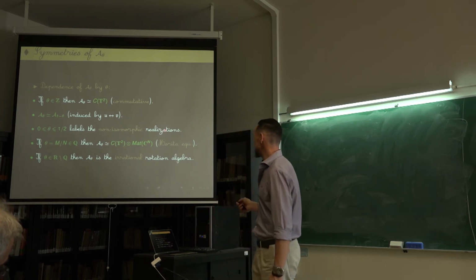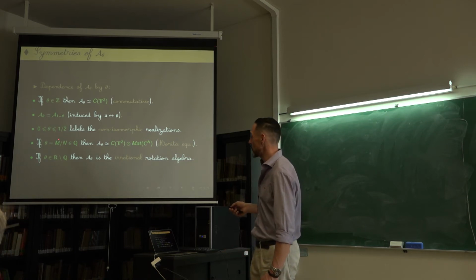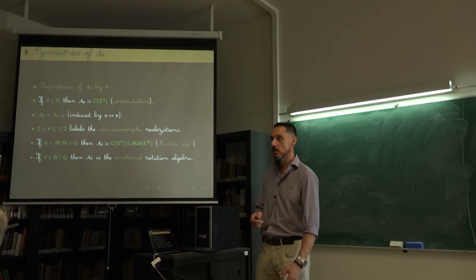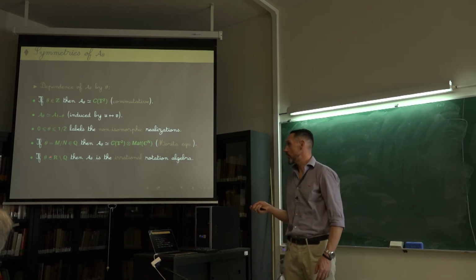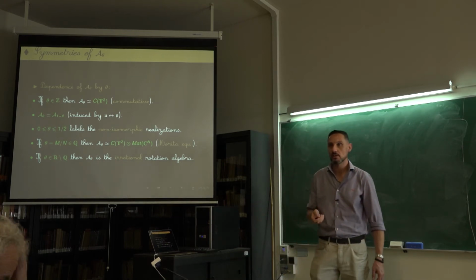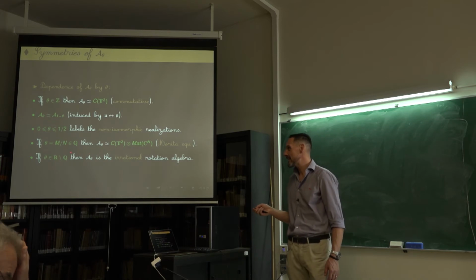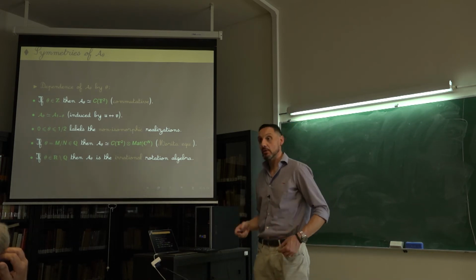In some sense, this tells us that there is a Morita equivalence between this non-commutative algebra and the commutative algebra of the two-torus. And when theta is an irrational number, this algebra is called the irrational rotation algebra. For many reasons, the irrational case is, let me say, the interesting case.